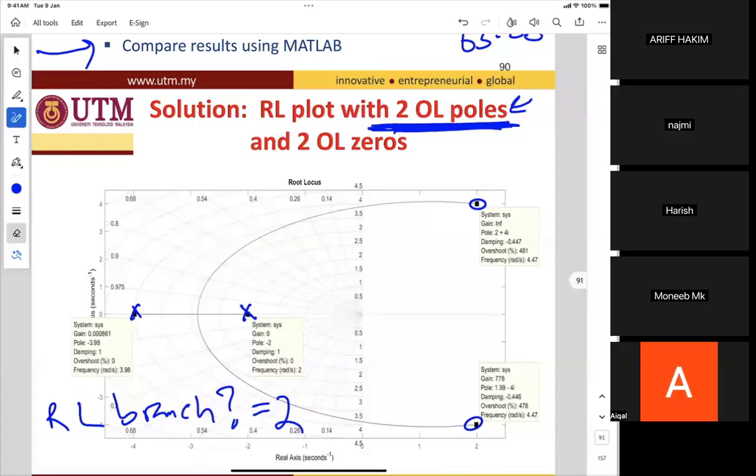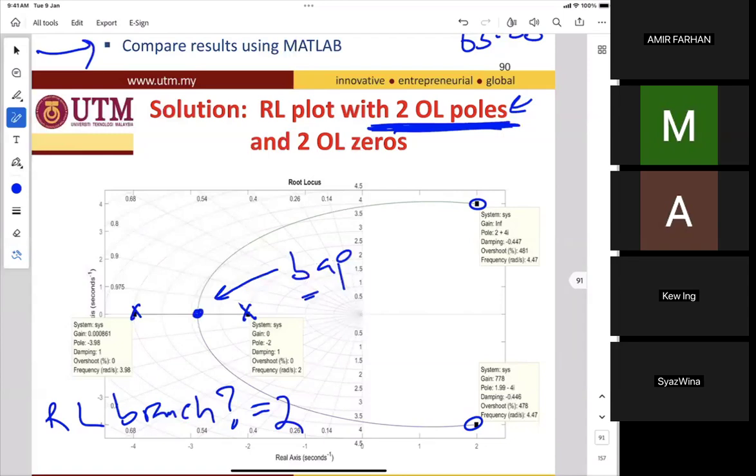Harish, estimate the breakaway point. 0.55. Danish.